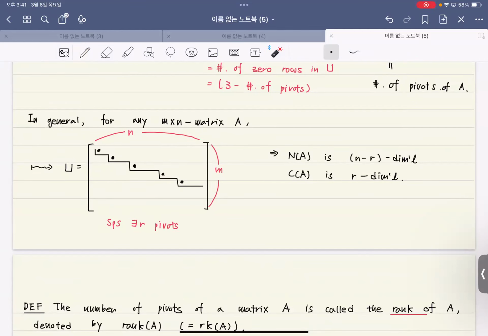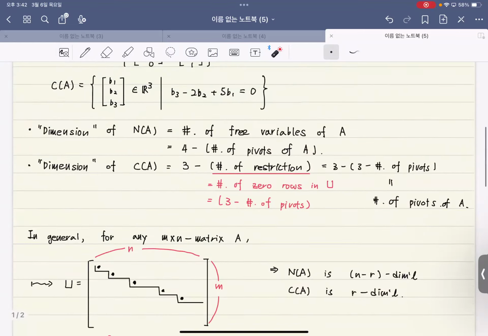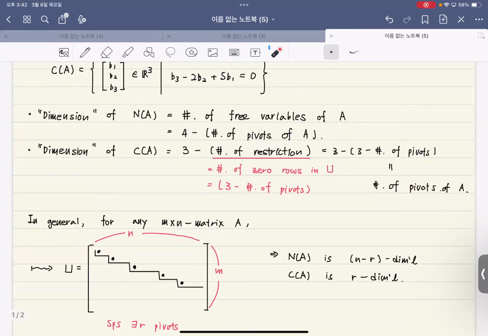From now on, we are mainly interested in the structure, the shape, or sometimes the geometry of the null space and the column space for any given matrix A. And if you're interested in some subspace of a given vector space, we should be able to discuss its dimension.